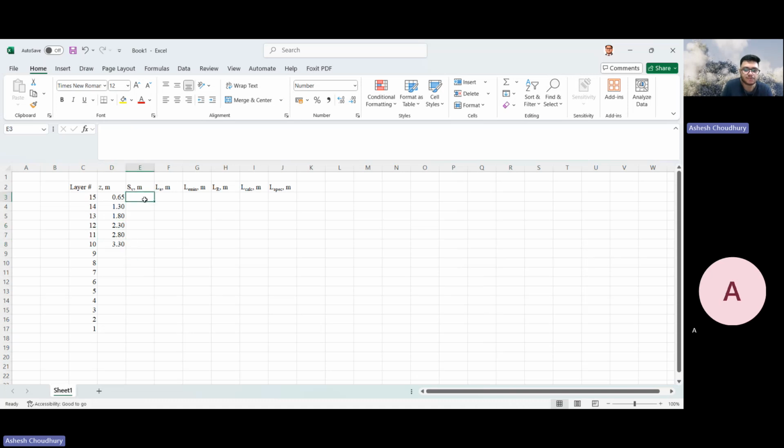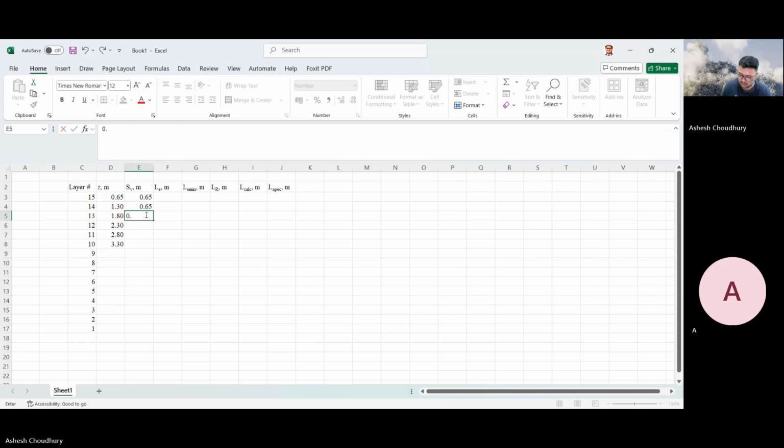So this is 0.65, 0.65, I have 2 layers. The rest is 0.50, for 4 layers.